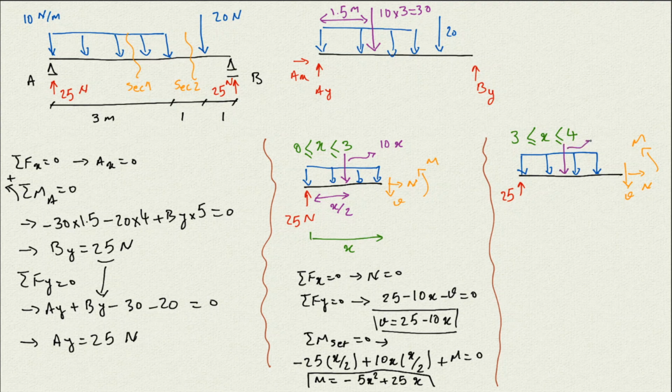Its magnitude is going to be, this time we have the entire distributed load, so it's 10 times 3, which is equal to 30. And the distance also is going to be 1.5, and then that's the x, which is always from here to the section.